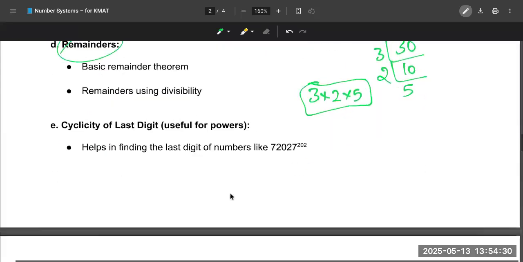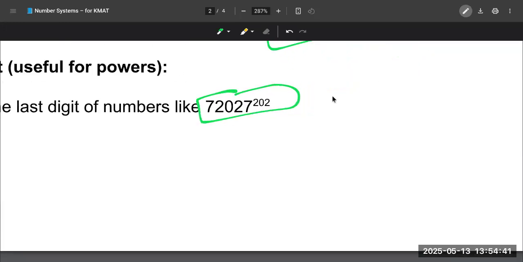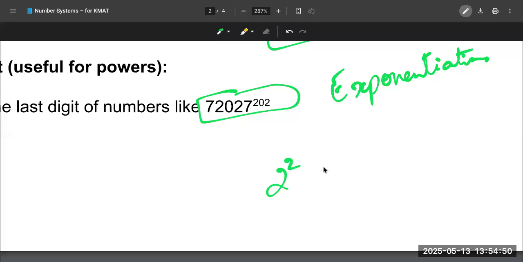They can also ask questions like cyclicity of last digit. So how do you find out the last digit of this number? You know what exponentiation is, right? So 2 square, 2 cube.